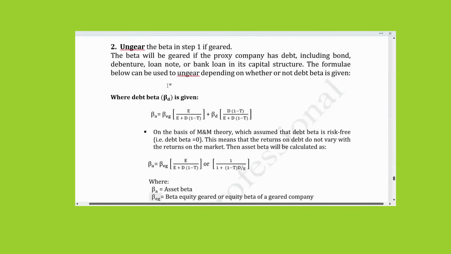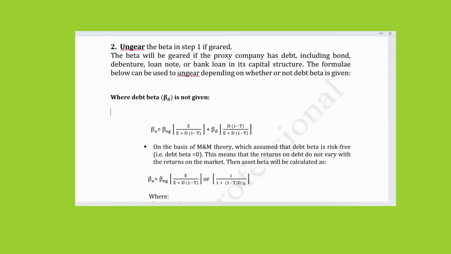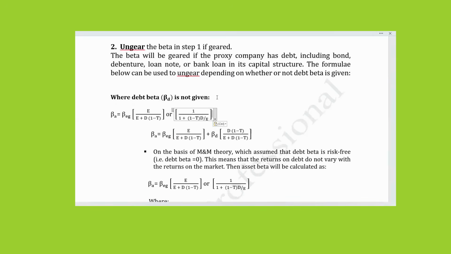Now, the first instance is where debt beta is not given. So if you are not given debt beta, how do you calculate your asset beta? Because according to Miller and Modigliani, those 2 controversial guys, debt beta is always risk-free. So if debt beta is risk-free, in that case, how are you supposed to calculate your asset beta?